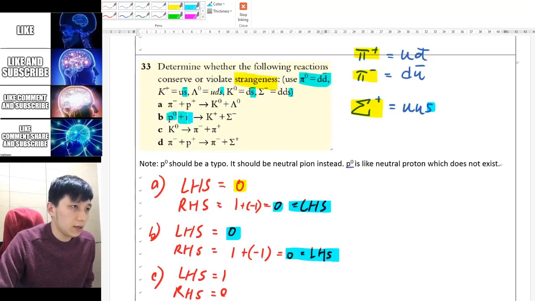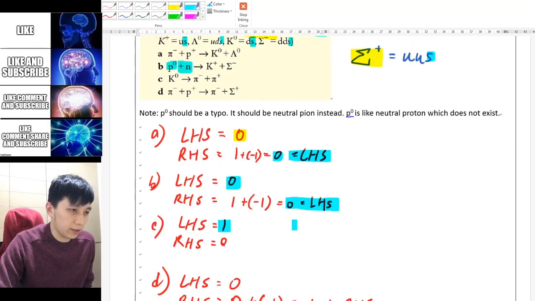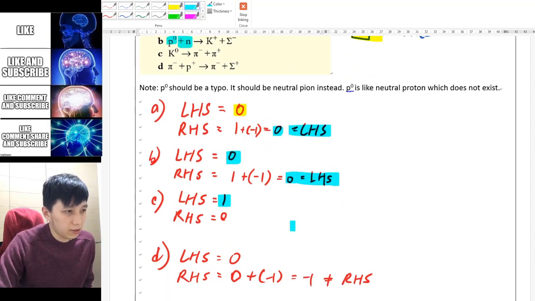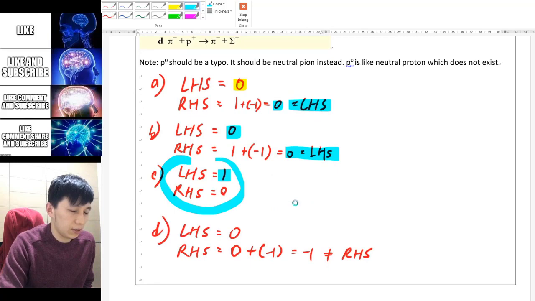Part C, you just have to refer to the neutral kaon, anti-S, and so anti-S is +1 for strangeness. The right hand side are pions, and pions have nothing to do with strange quarks, so 0. So you can see this one is violated. You can write down the sentence there.